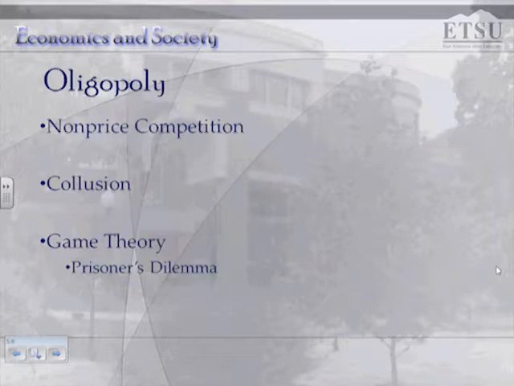So John Nash, the mathematician at Princeton, is famous for his work in game theory. In fact, he won a Nobel Prize in economics because his models were used in economics. He was not necessarily thinking about economics when he came up with this field that's known as game theory. Game theory gives us a framework for analyzing mutually interdependent actions.